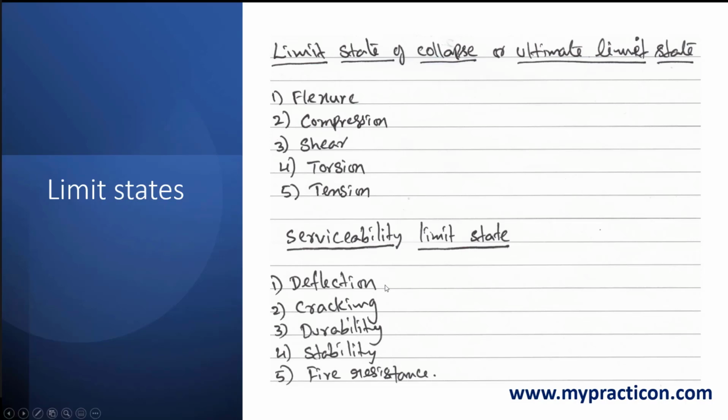If there is a huge deflection of the members, let's say your beam is hanging, do you think we can live in that kind of structure? No. There is heavy cracking. There could be many others, like durability, stability and fire resistance, which have to be provided by the structure.